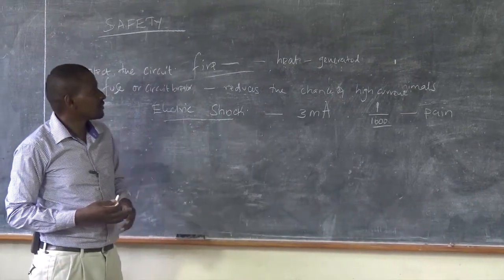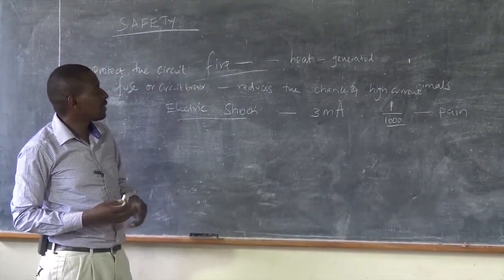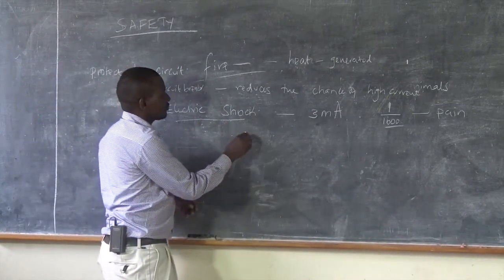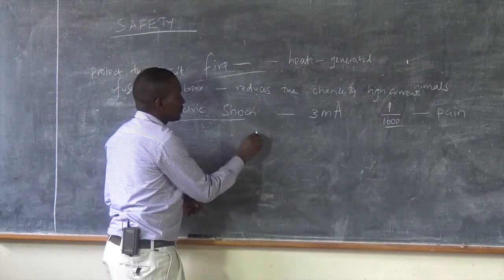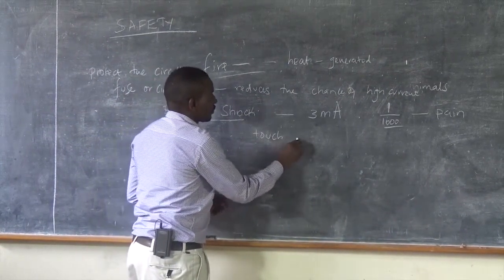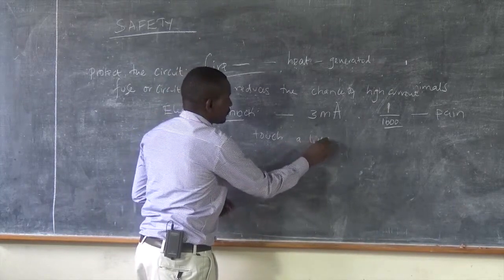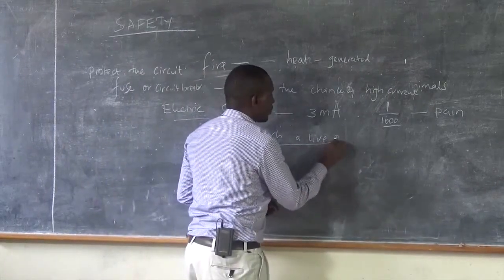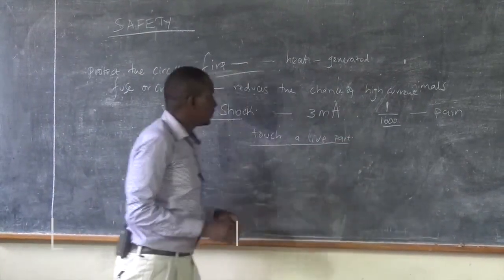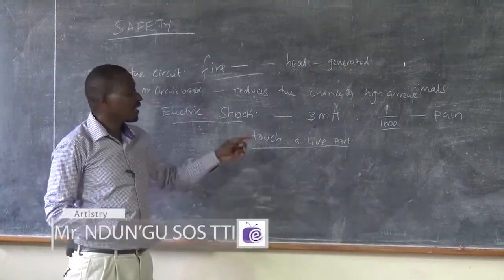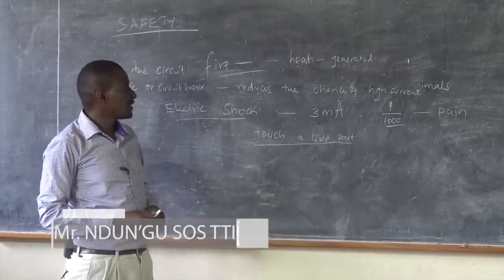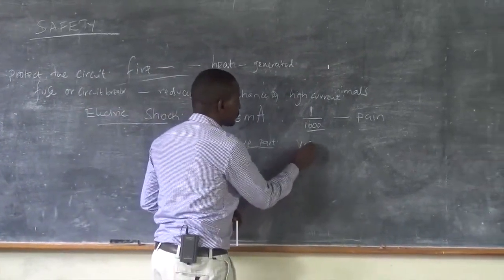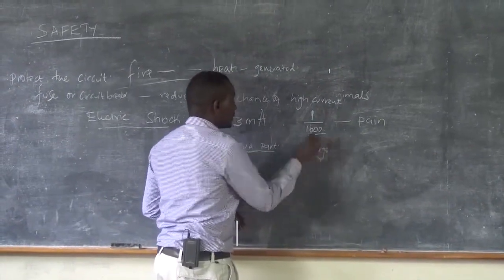Now, what causes this current? This current is caused when you touch a live part. A live part means that between that part and the general mass of the earth, there is a potential, there is some voltage.